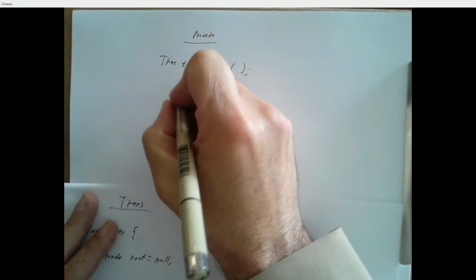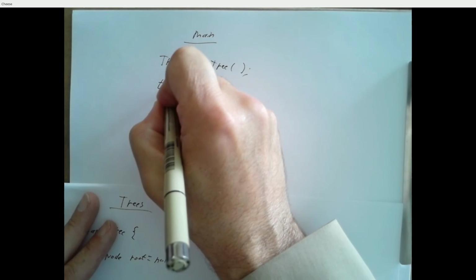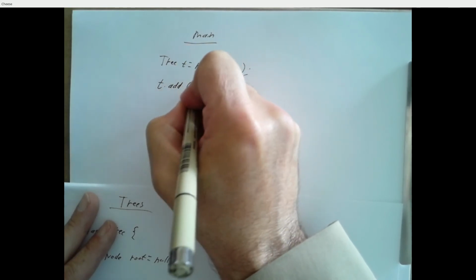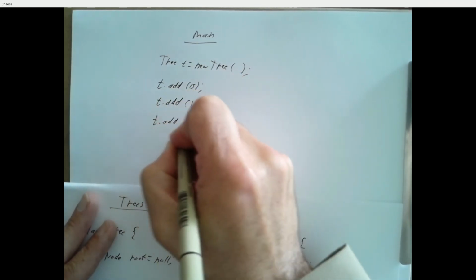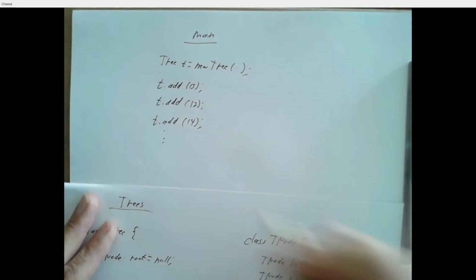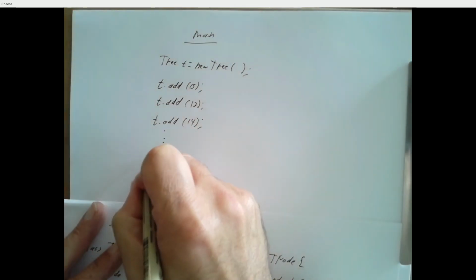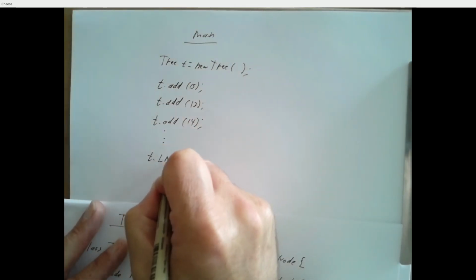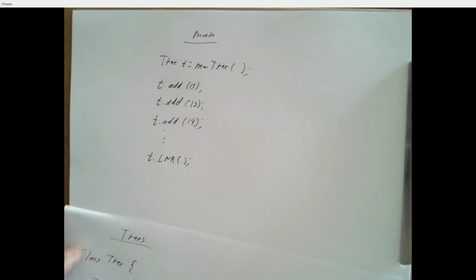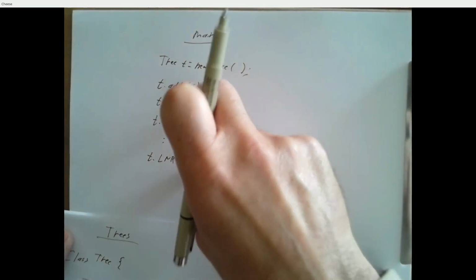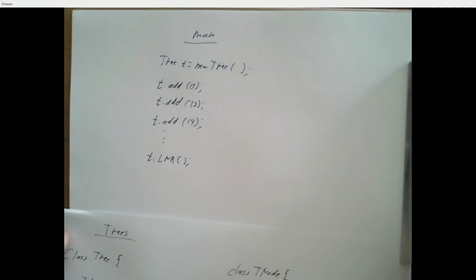And then we might do something like t.add 15, t.add 12, t.add 14, right? And then we might do something like t dot left node right to do an in-order traversal. And we could do deletes and all kinds of other things, but this would be a pretty good test of whether we've got a basic functionality of a tree working, right?